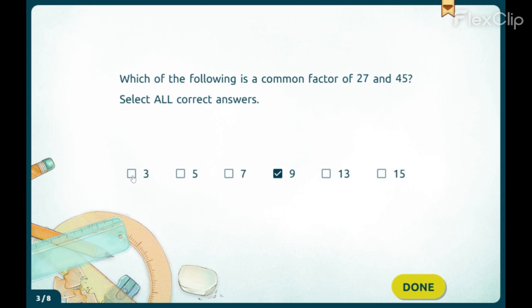And 45 can be split by 3 into 15, 15, and 15, right? 5 is not possible for 27. 7 is not possible for 27 and neither possible for 45. 13 will give us 26, double for 13, and 15 doesn't fit into 27. That's why there are only two common factors, 3 and 9.